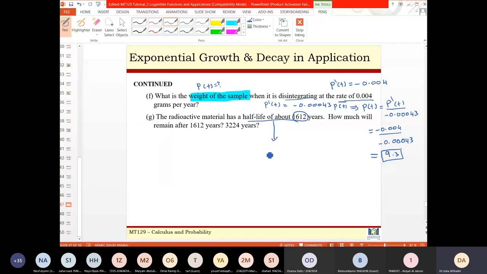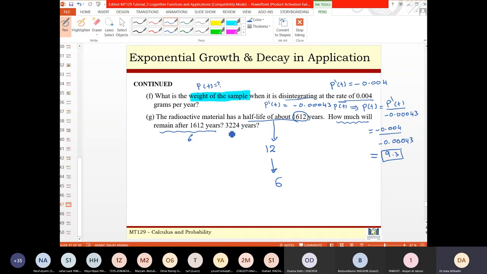So I began with the 12, right? After 1612 years, half of it will remain. How much will remain? 6. So this is what they are asking about. How much remains in 1612 years? 6.